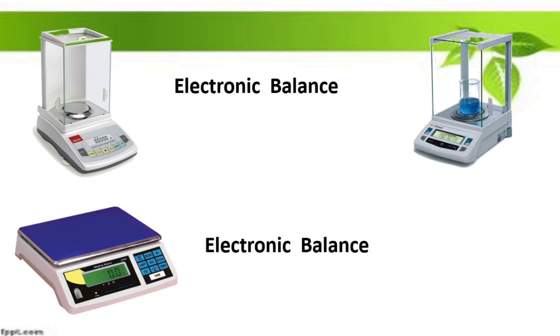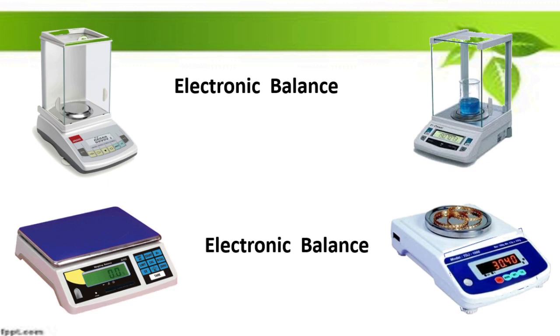This is used in the gold shops. Okay, to measure the gold, silver, platinum, etc. It gives us the accurate weight of the object. Yes, here you can see 30.40 grams. Okay.